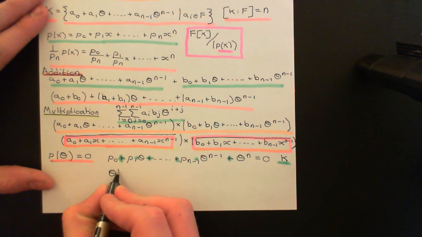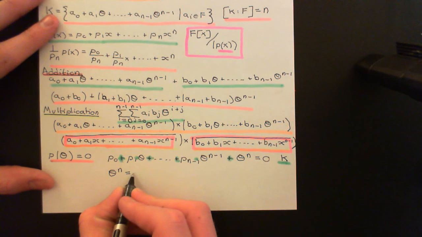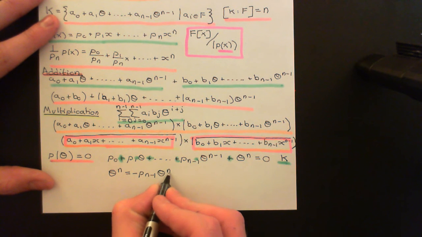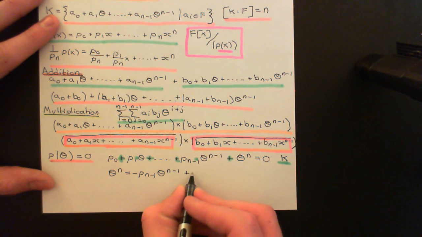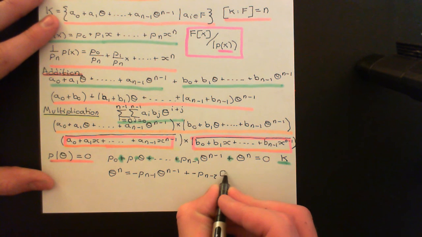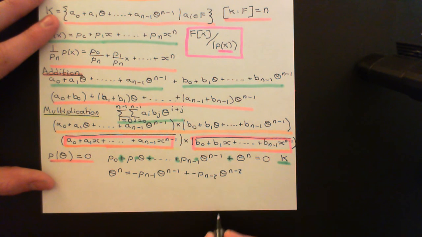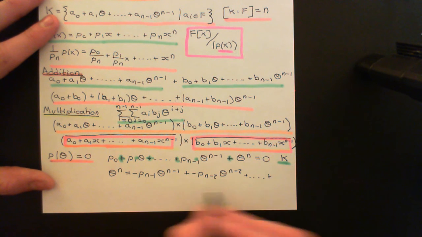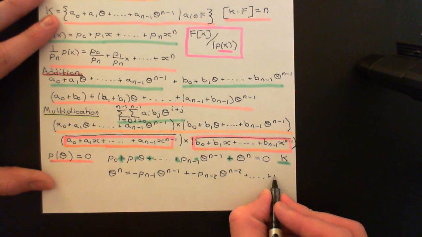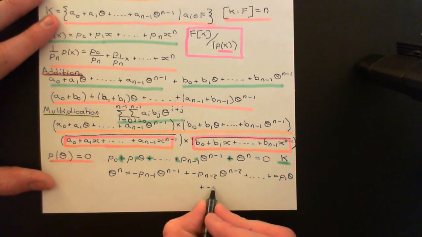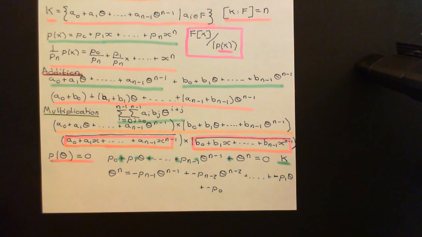I can turn this into theta to the power of n equals the additive inverse of P_{n-1} times theta to the n minus 1, plus the additive inverse of P_{n-2}, I don't know why I'm doing n minus 2, but we'll do it since I've written it, times theta to the n minus 2, plus, and then it will go all the way down to plus the additive inverse of P_1 times theta plus the additive inverse of P_0.